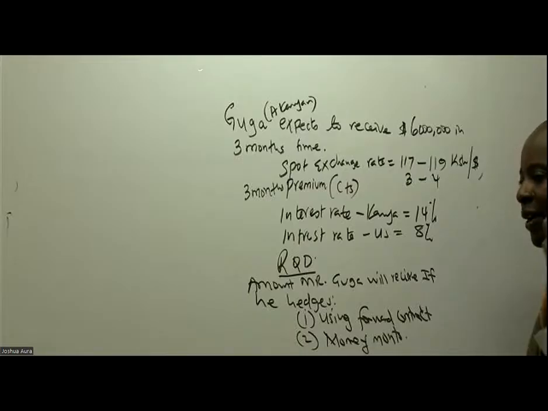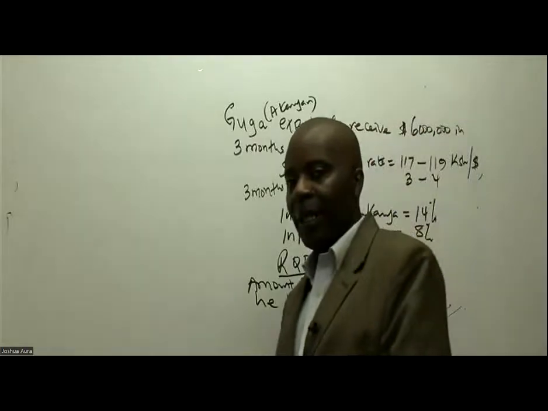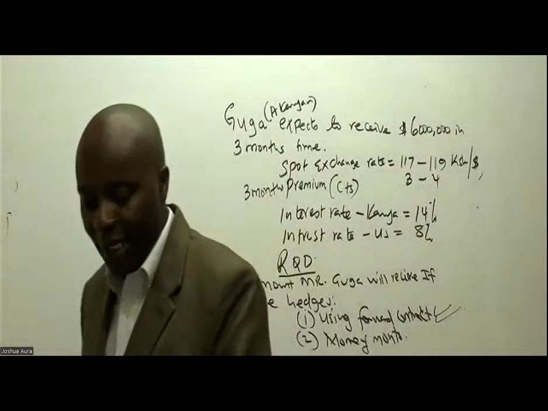To change to whichever currency, you must always divide by 100. Then they've given us the interest rate in Kenya and the interest rate in the US. So I expect you to give me an answer there.